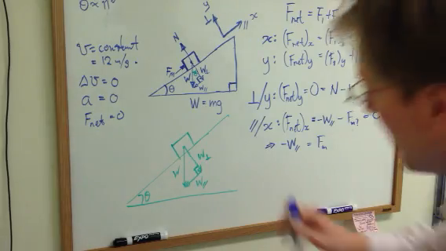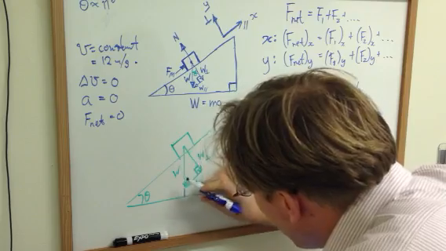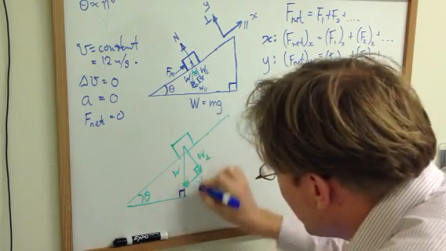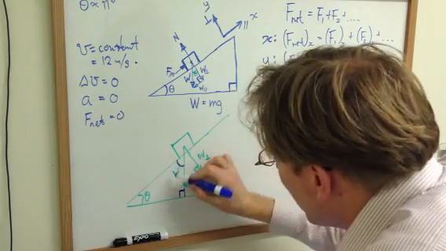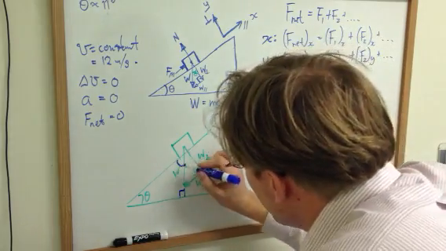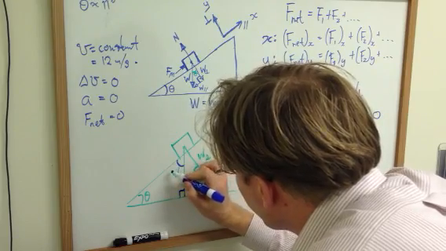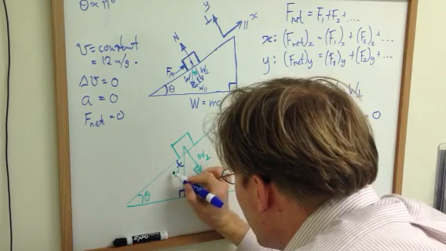So if I just slightly extend this weight downwards, weight is certainly perpendicular to the horizontal, and this is a triangle here, and interior angles all add up to 180 degrees. So theta plus this angle is equal to 90.